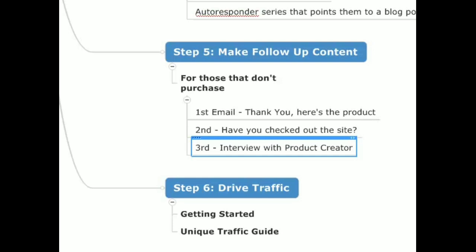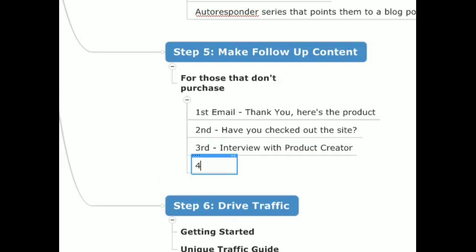And in it, he reveals... Make sure you always tell them that they're going to get something out of it. In this 30-minute audio, you're going to get some free secrets on how you can lose weight using this system, and you can learn more about Fat Loss for Idiots through this interview with the product creator. It's great. I'm excited about it. Go listen to it, okay? So that would be like the third email.